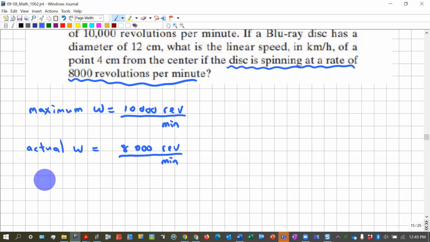Also, the diameter of the disk itself is 12 centimeters.